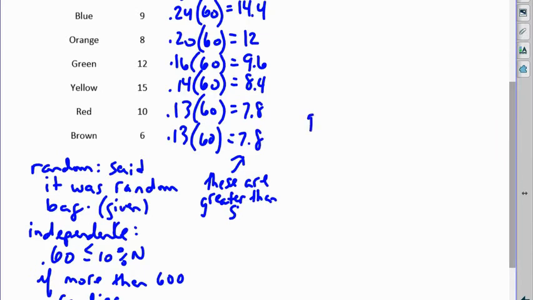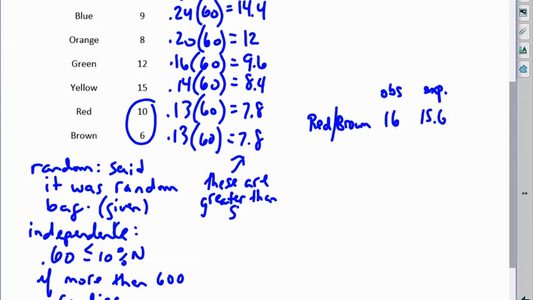What I would do is combine the categories and call it red-brown, so their observed would be 16, and their expected would have been 15.6. So you can do that. If you find that your expected counts are not high enough, then you have to combine categories together to make them high enough, and then you can run that.